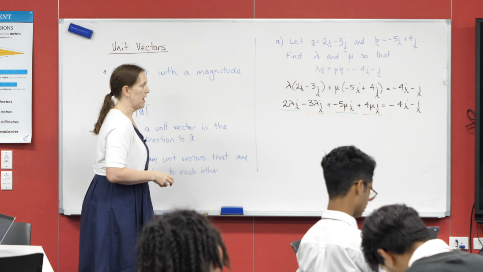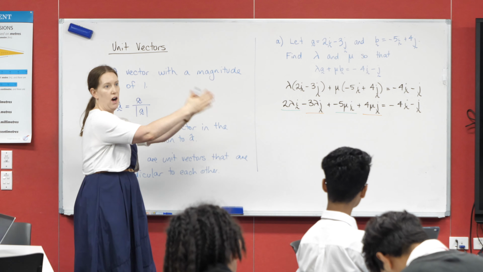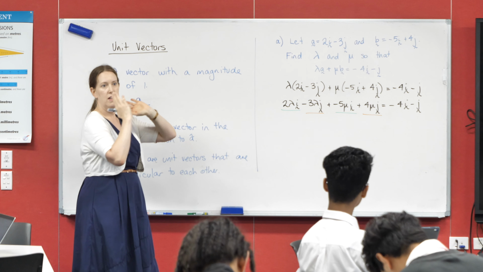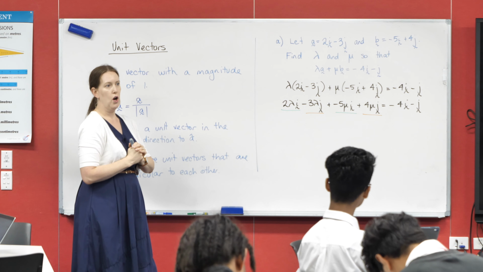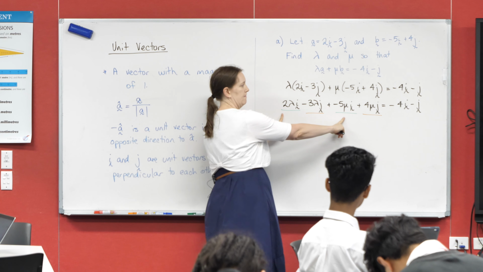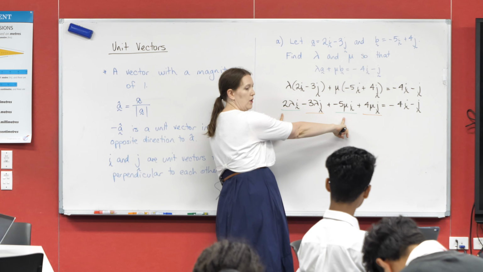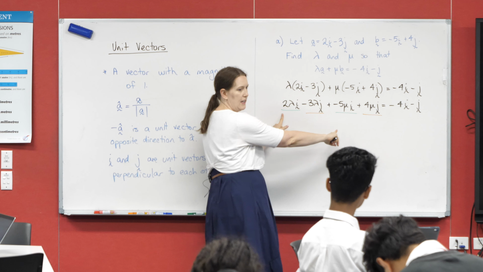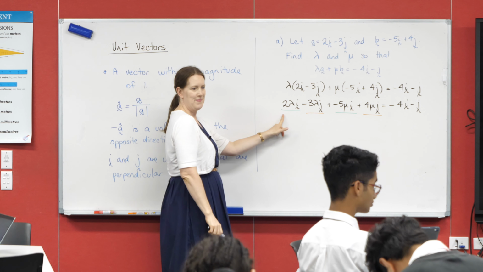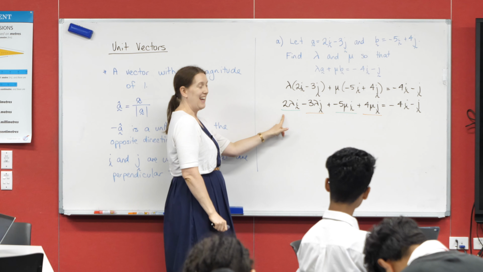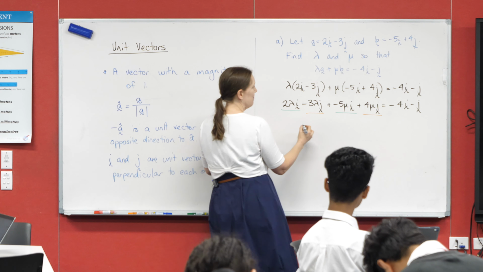Who wants to tell me how much do I have in my i direction? What's my unit vector times my magnitude in my i direction? It's early, but it's not that early. Anyone? Minus 3?